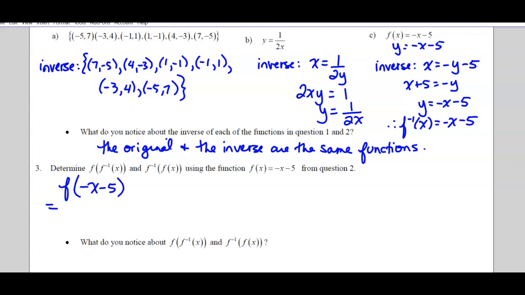Now, in our original f, we're replacing each x with this. Expand, that's going to be x plus 5 minus 5, and we get x.